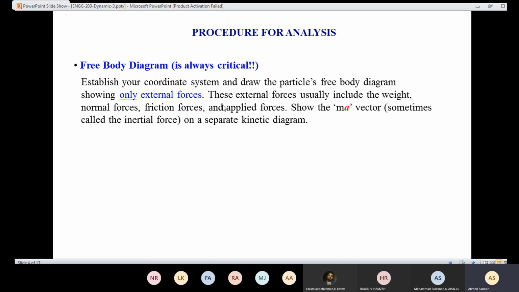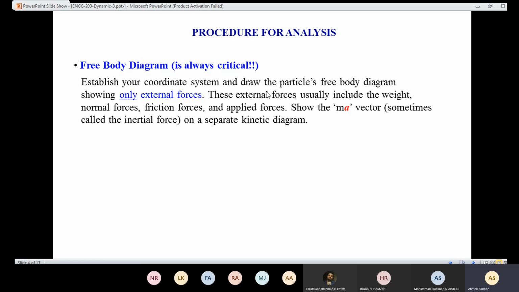These external forces usually are going to include the weight of the particle, the normal forces acting on the contact surface, and the frictional forces also acting on the contact surface. Make sure in the question whether the contact surface is smooth or not. And also we are going to have applied forces.